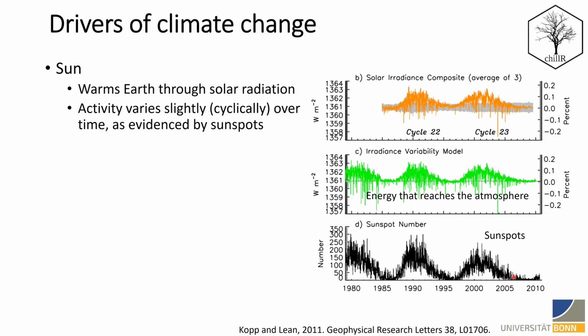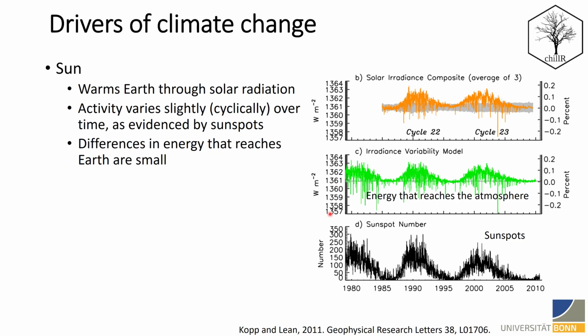Sunspots are particularly hot regions that look darker to us, but actually indicate eruptions of really dark stuff from the surface of the sun. So whenever the sunspot activity is high, the radiation that reaches us from the sun is a little bit stronger.